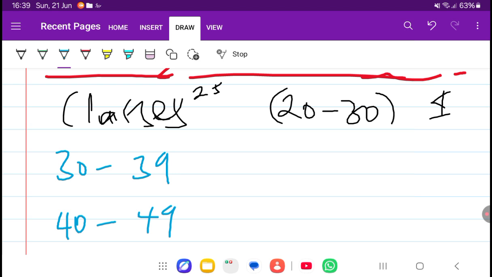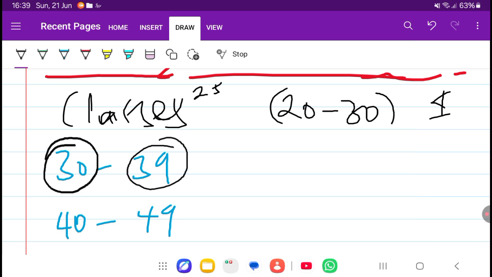So we find that this is the lower class limit and this is the upper class limit of that class. Both of these two elements are included within these values. So when you are picking out those numbers, even number 39 will be picked and it will be inclusive within this class. It will be inclusive.